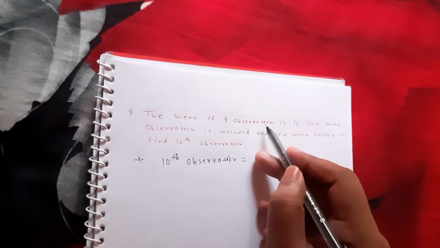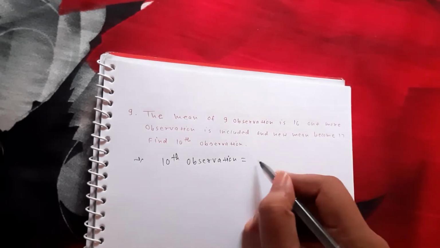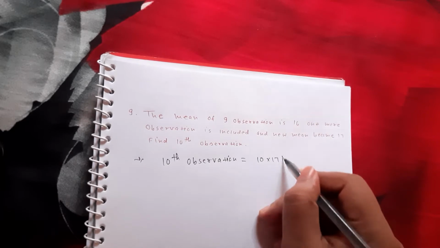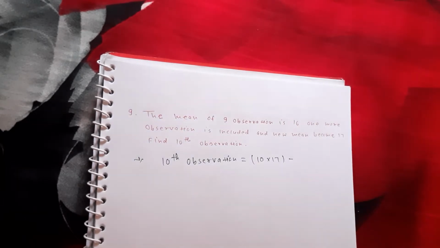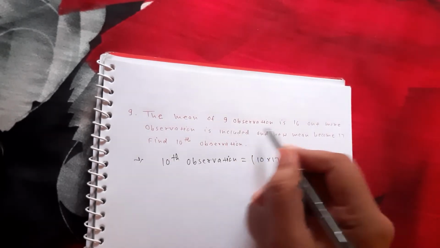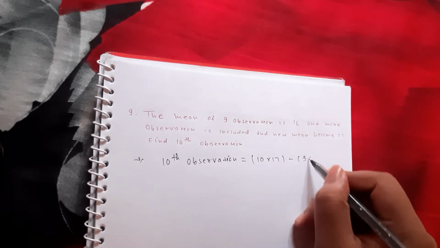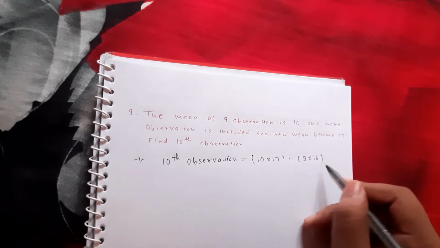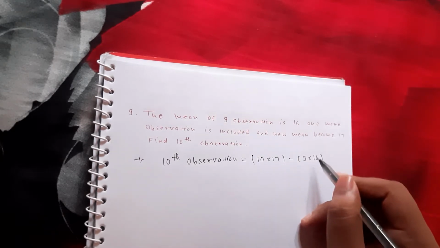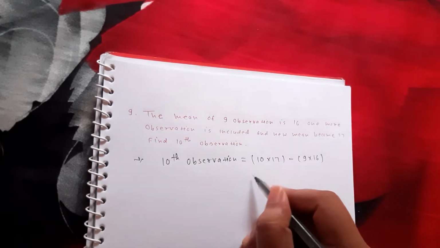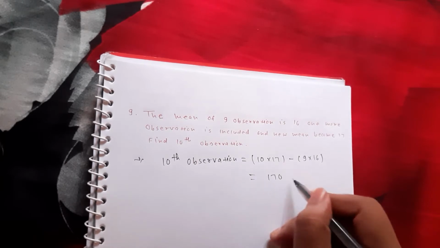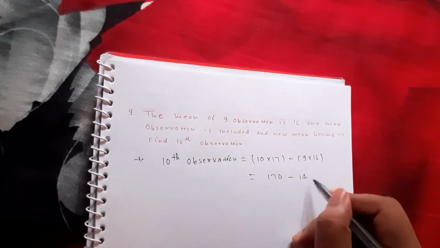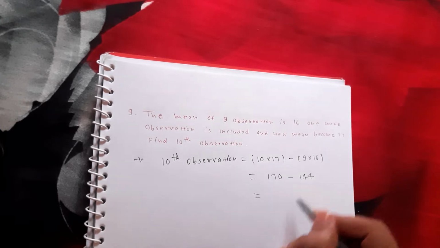That is, there are 9 observations, 1 is included, so it becomes 10 into 17, minus the 9 observations with mean 16. That is, the sum of 10 observations minus the sum of 9 observations gives the 10th observation. That is 170 minus 144, which is 26.